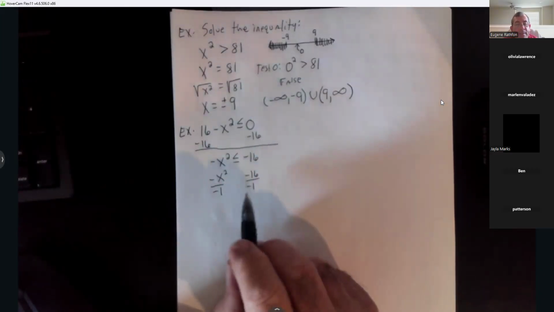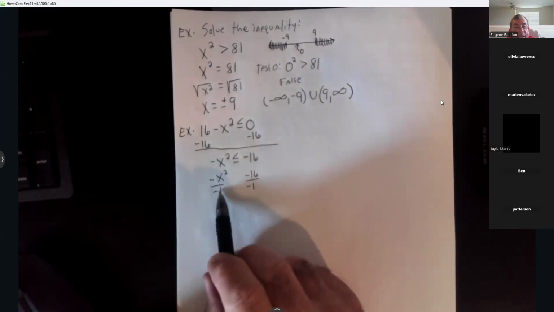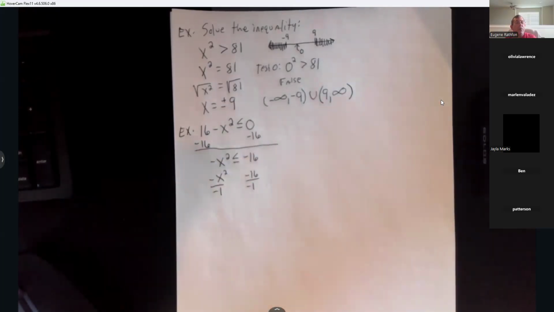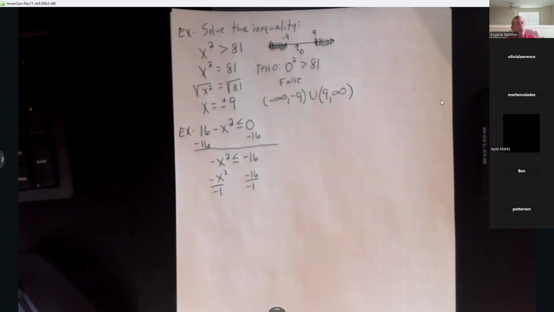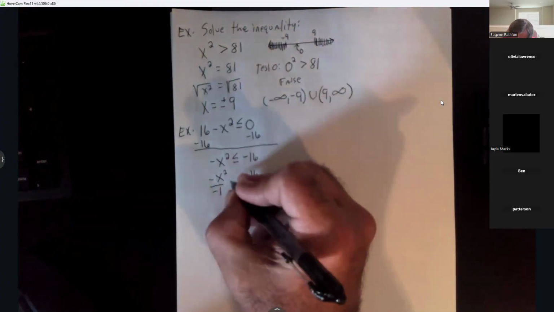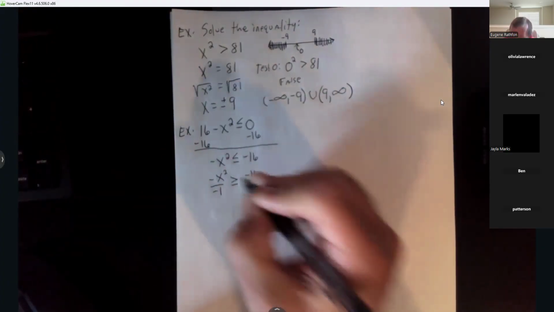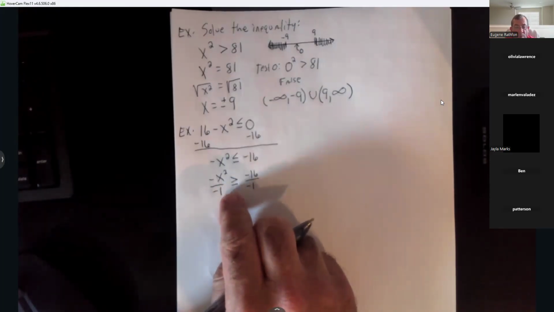And y'all remember this, I'm dividing an inequality by a negative number. So what are you going to do? Remember, if you divide the inequality by a negative number, you're going to flip that sign, and that's now going to be a greater than or equal.